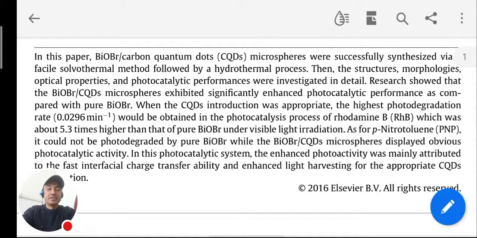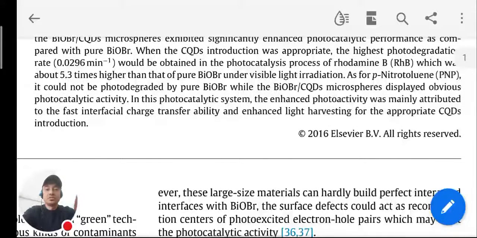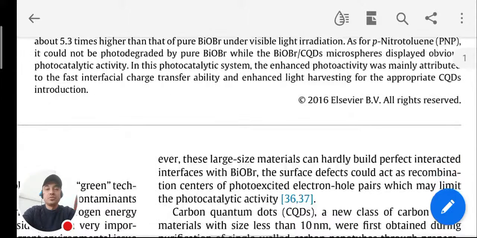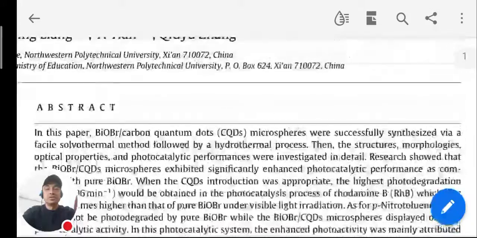The enhanced photocatalytic activity of this system was mainly attributed to the fast interfacial charge transfer ability and enhanced light harvesting due to the appropriate carbon quantum dots introduction.